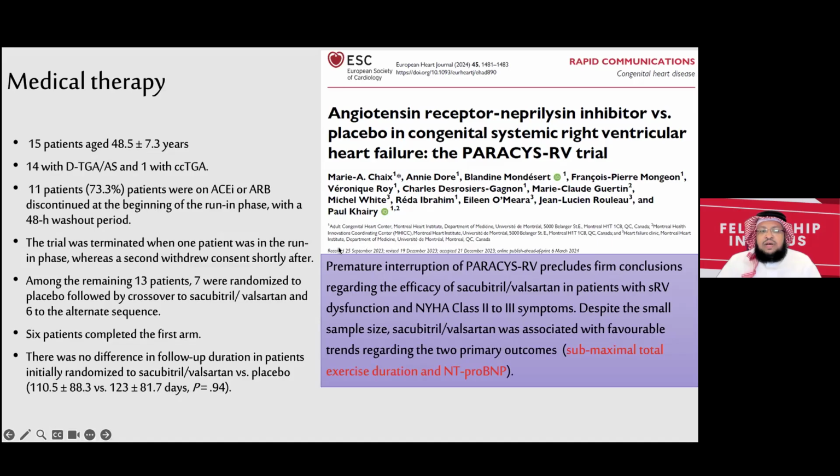Despite it being aborted prematurely, they found a favorable trend in the primary outcome of submaximal total exercise duration and pro-BNP level. In our practice, we have few patients who could tolerate the full dose of Entresto.